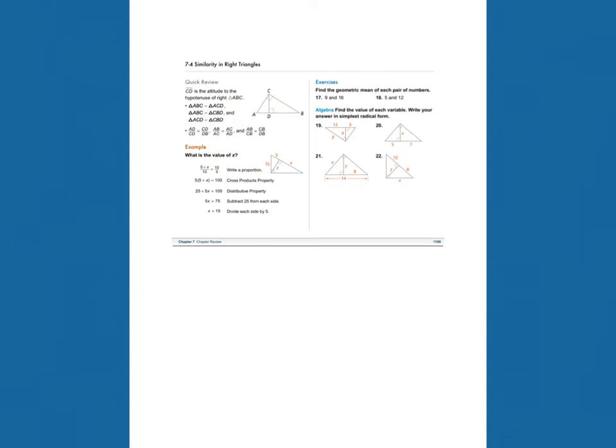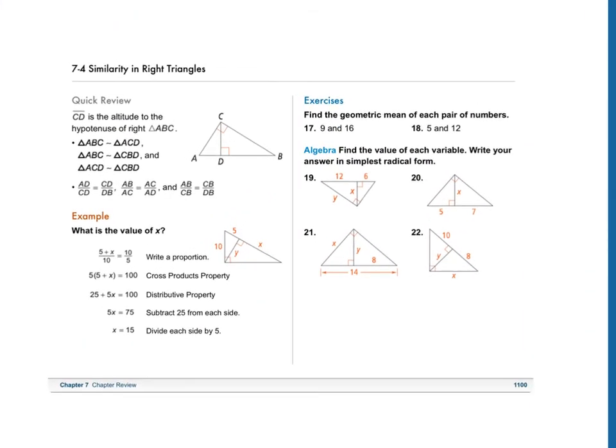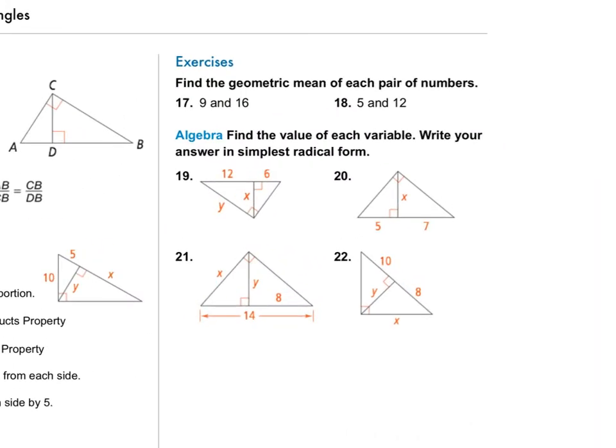Okay, then came 7-4, geometric mean, and then the 2 proportions that we need. So number 17 is 12. Number 18 is 2 root 15.